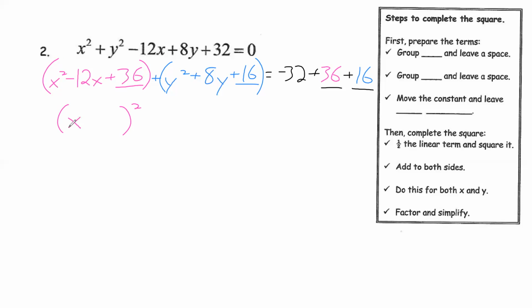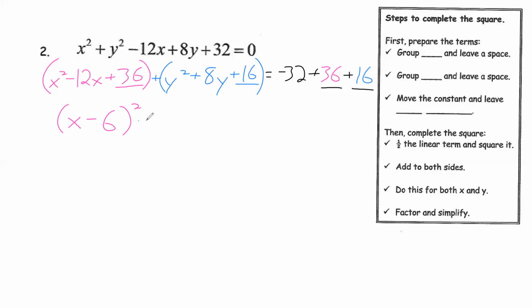The square root of x squared is just x. The square root of 36 is 6. The sign is going to be what? The one in the middle, that's going to be the negative. Again, square root of the first term, square root of the last term, sign from the middle.